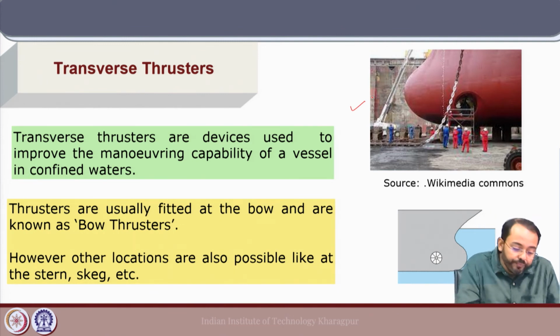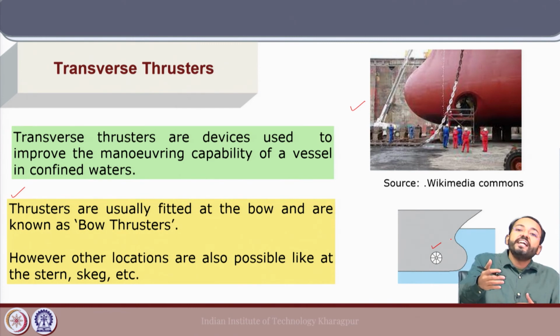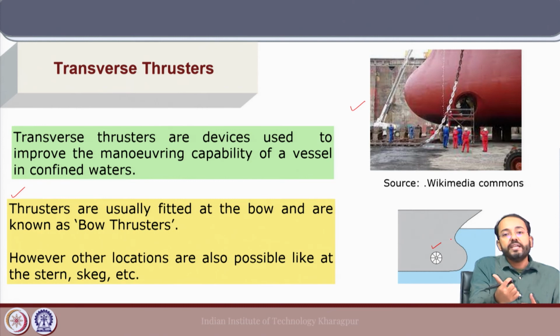In general, these transverse thrusters are located at the bow region of the ship as far ahead as possible, so that the thrust provided can be easily used to generate a high amount of moment to turn the ship.